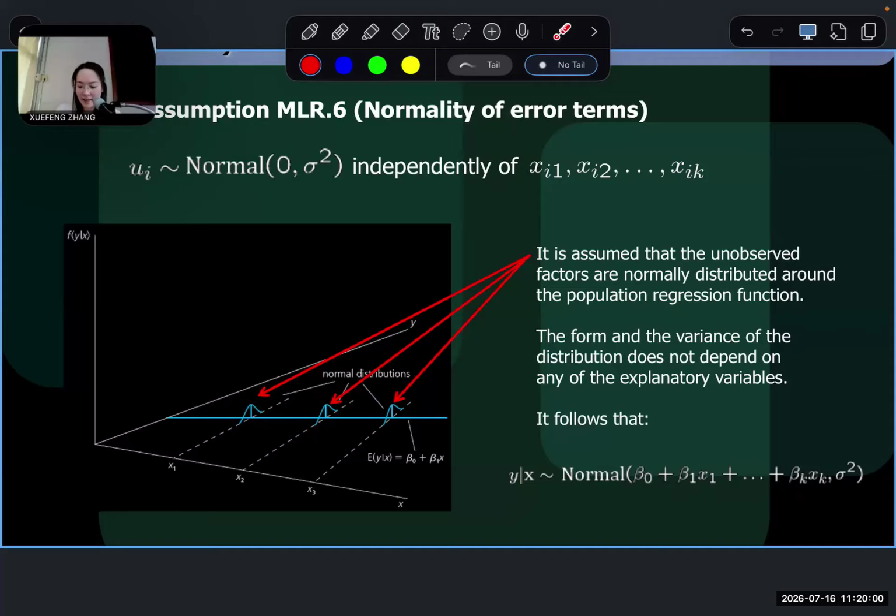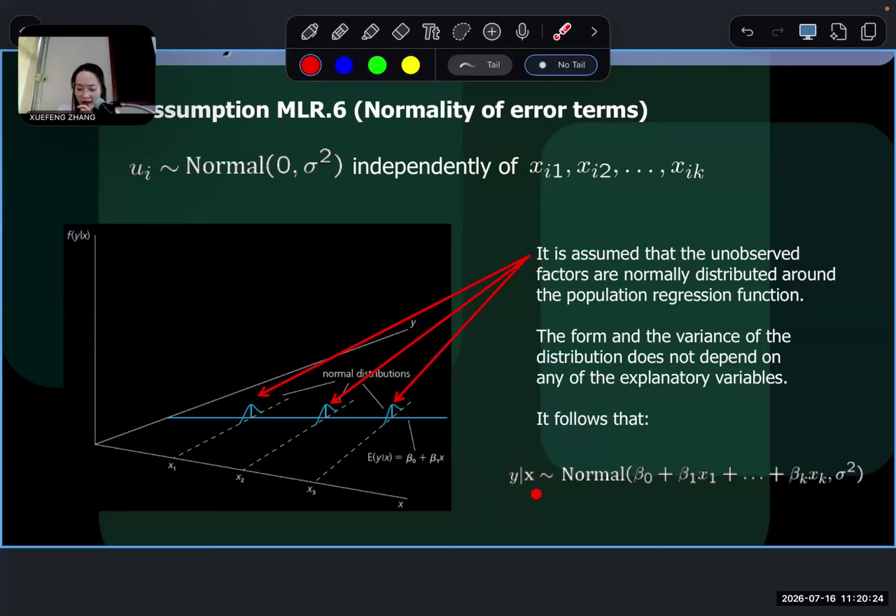Why does this matter? Because now we get a bonus result showing at the bottom. If, okay, so here, if u is normal, then y itself is normal too. Conditional on x, of course.